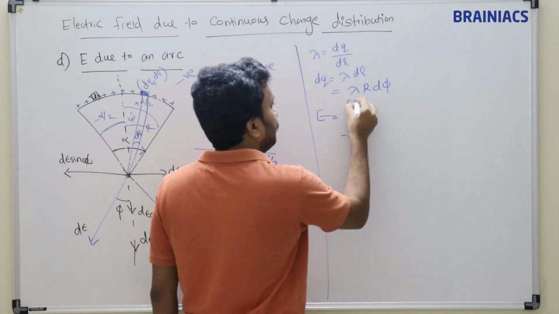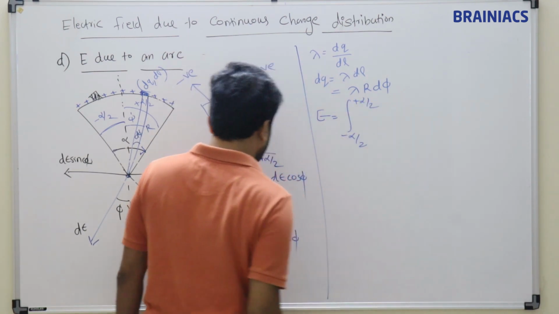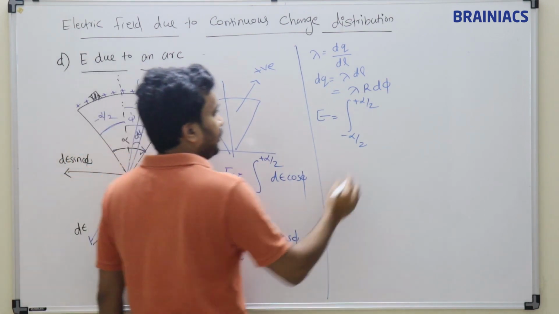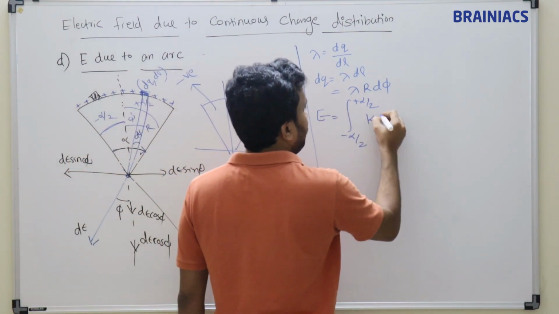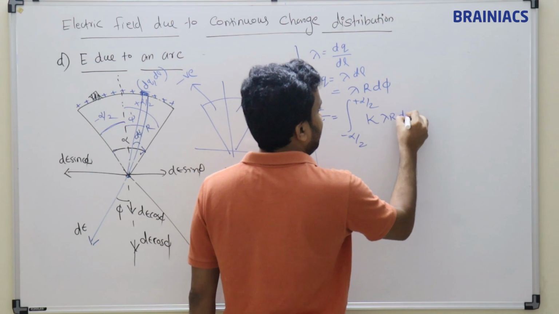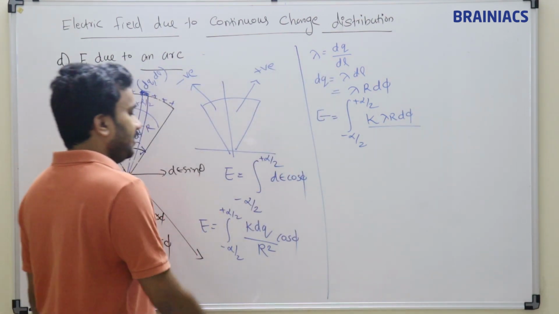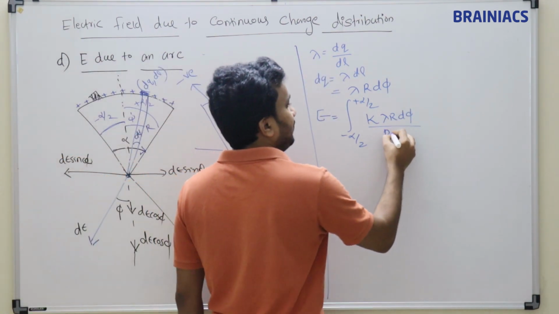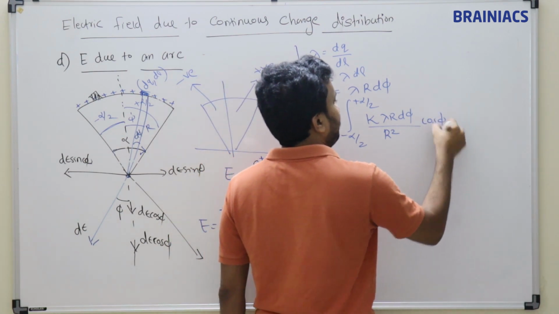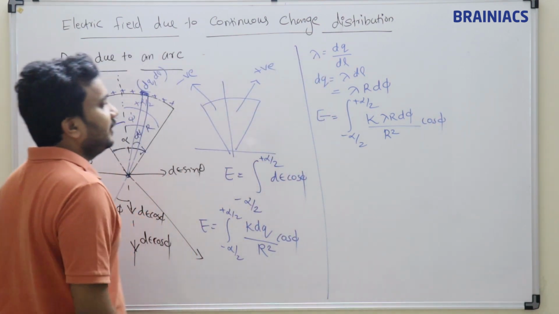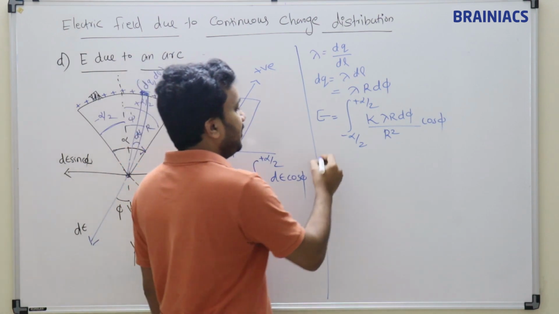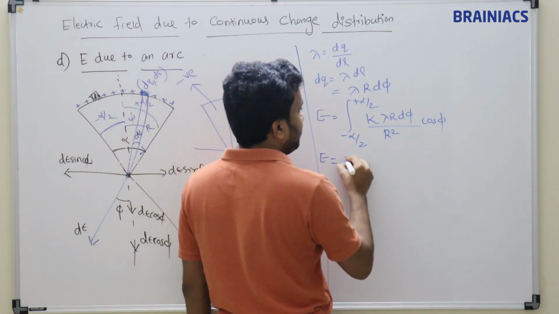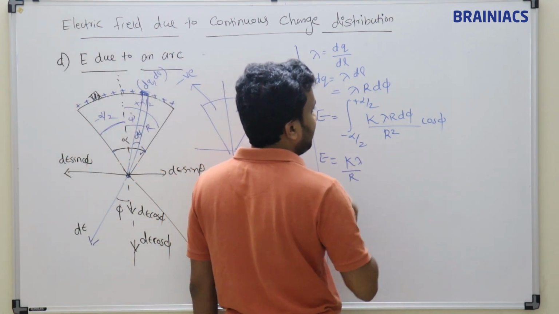Minus alpha by 2 to plus alpha by 2, k into dQ by r square, k into lambda r d phi whole divided by r square into cos of phi. Okay, r gets cancelled, common terms take out of the integration, so k lambda divided by r cos phi d phi.